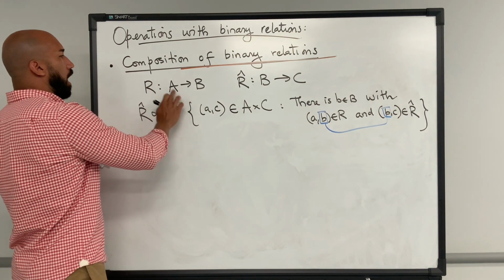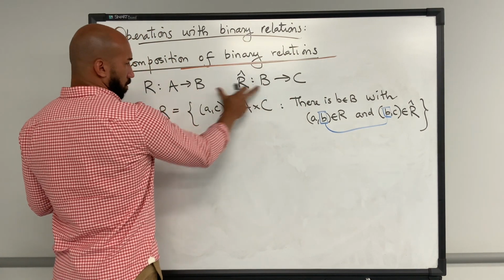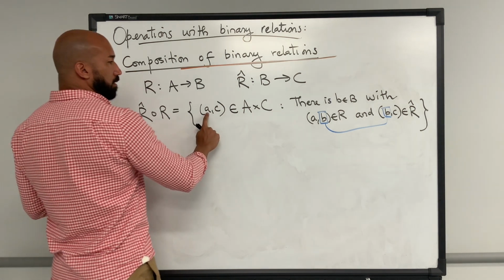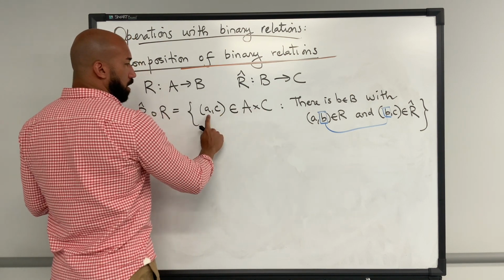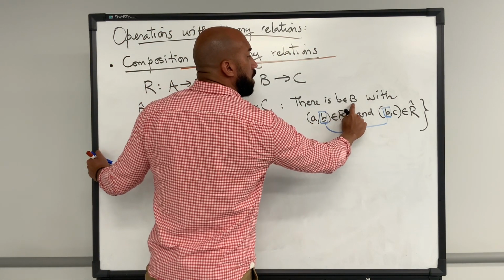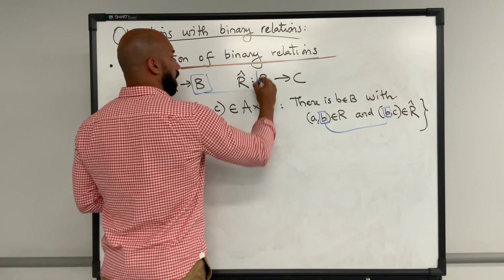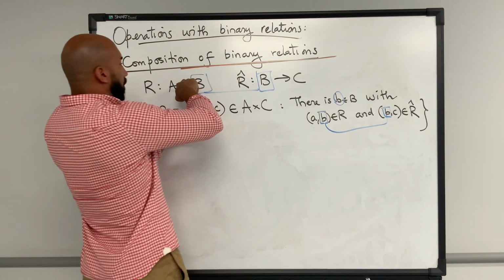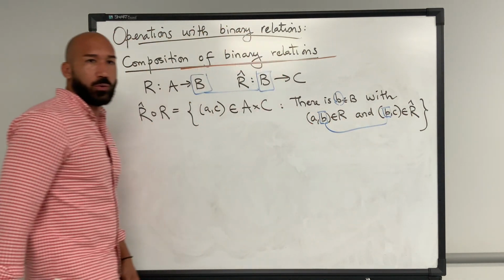So we have a binary relation R from A to B, another binary relation R hat from B to C, these two, the same set here, and the R composite R hat is the set whose pairs are in A Cartesian product C, but A, C is a pair in this set if we can find B in the set B such that this A with the B that we are finding is forming a pair in the relation R, and the same B with this C is forming a pair in the relation R hat.